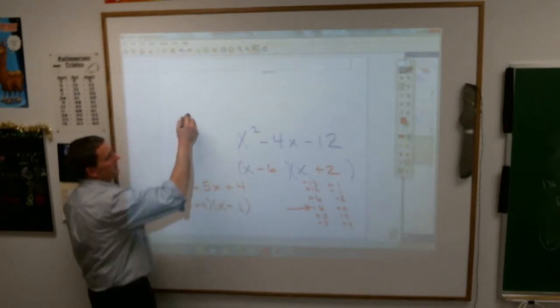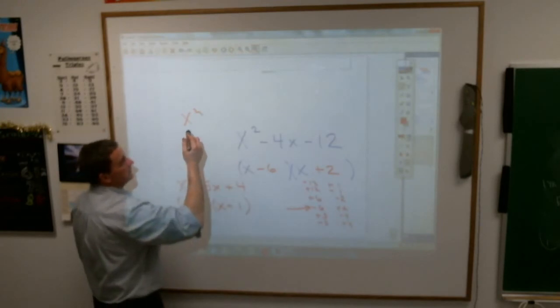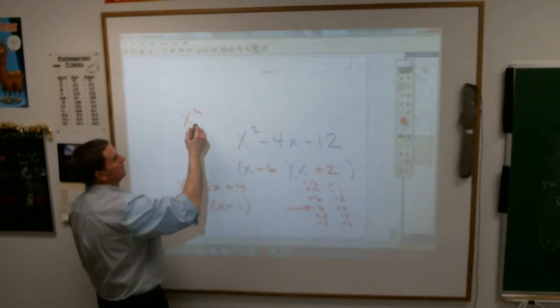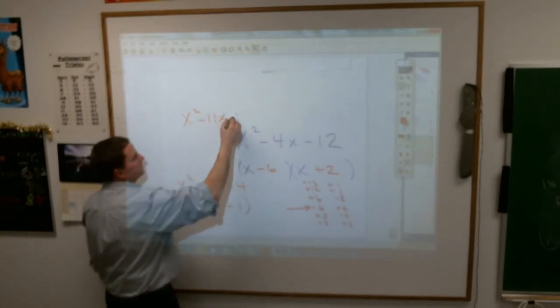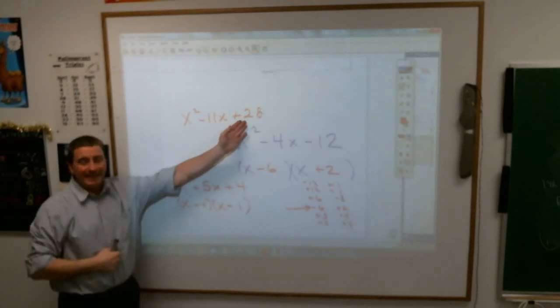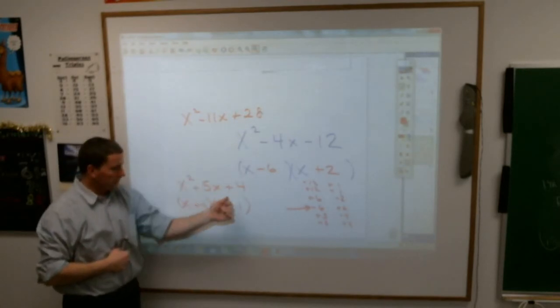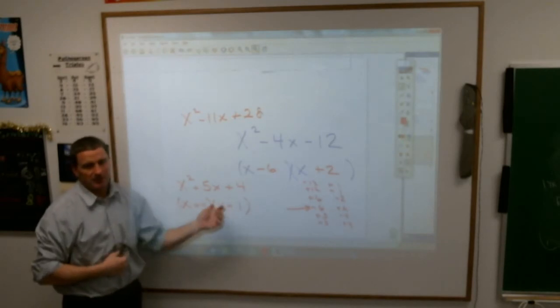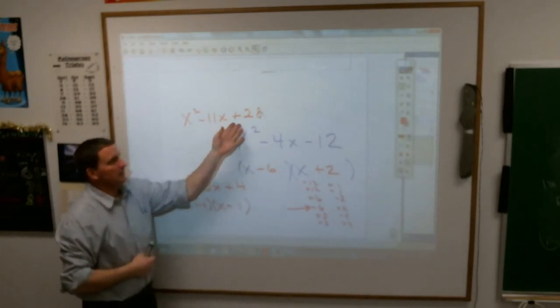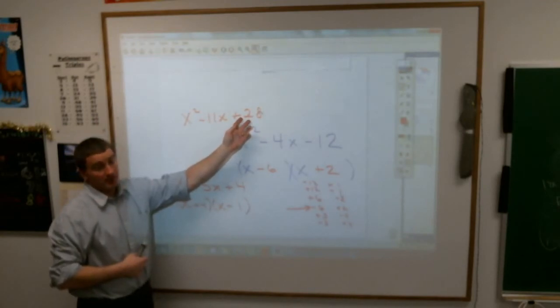Let's say I had this, x squared minus 11x plus 28. The only way to get a positive ending number and a negative middle number is for both of these to be negative. Because the only way you can get a positive ending number is to have them either both positive or both negative.